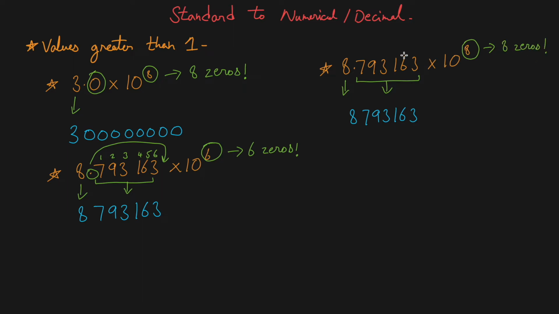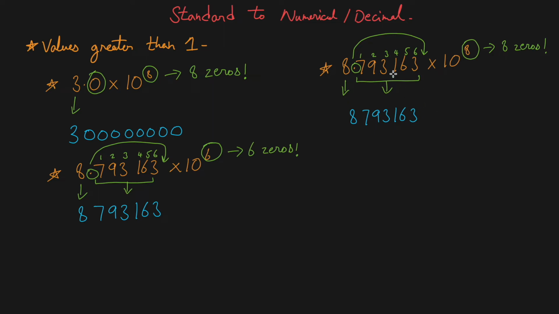We have the decimal point, and after that we have non-zero digits. So we already know we have to move the decimal point to the right. But how many digits? We know it's 8. So let's count it: 1, 2, 3, 4, 5, and 6. The decimal point will jump to the right side here.